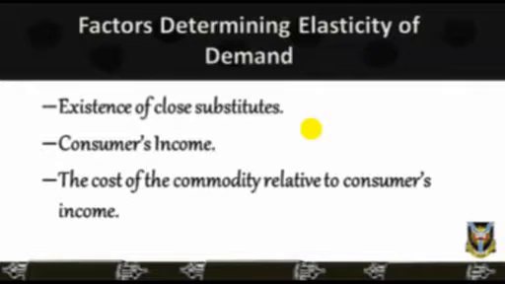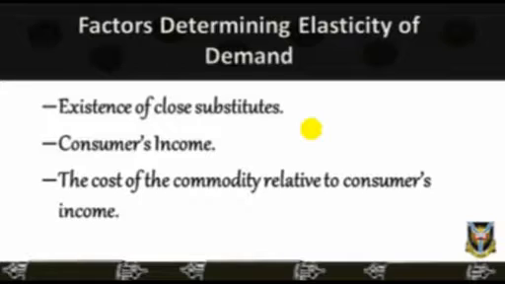Factors determining elasticity of demand. 1. Existence of close substitutes. Demand for goods with close substitutes is likely to be elastic, while the demand for those goods without close substitutes is likely to be inelastic. 2. Consumer's income.